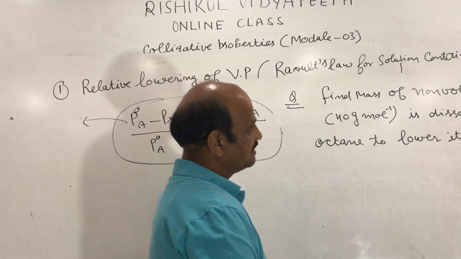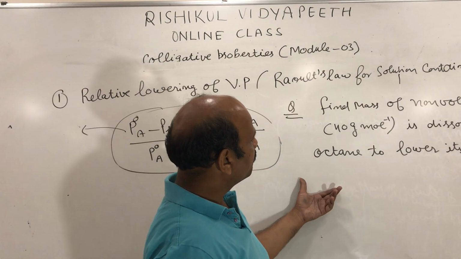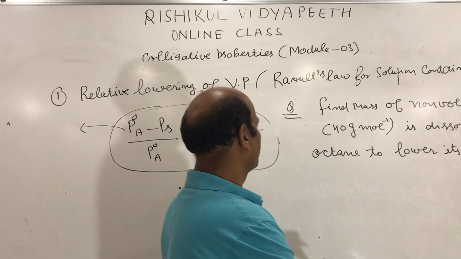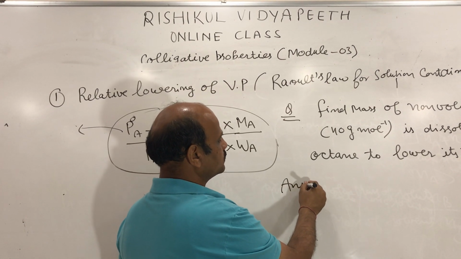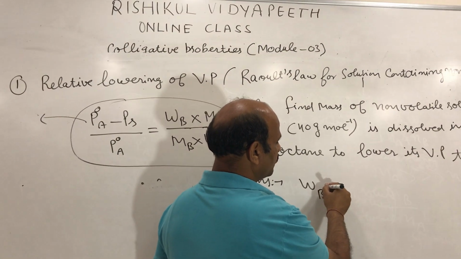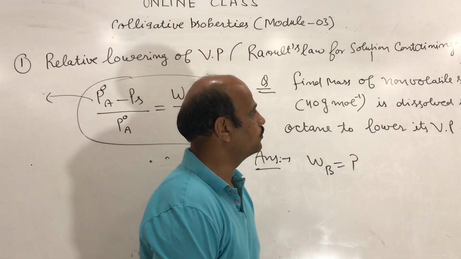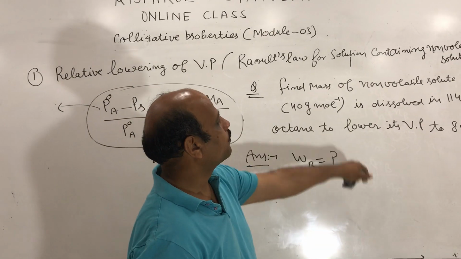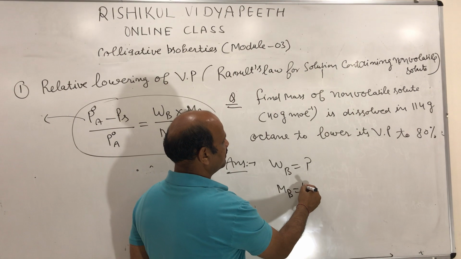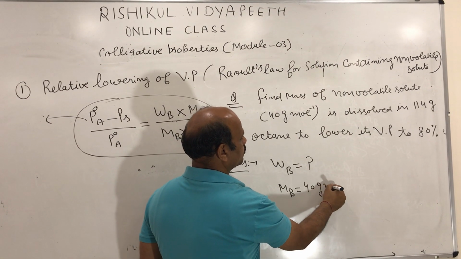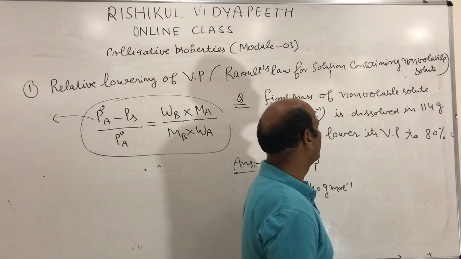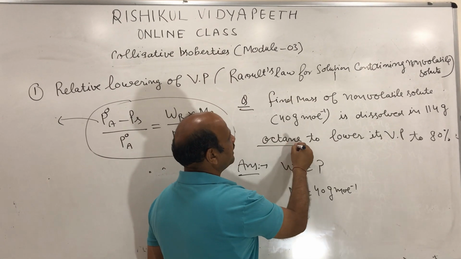First, you read this statement very carefully. You are to find the mass of non-volatile solute, or you can say you are to calculate WB. Molar mass, what is given? MB, that is given, 40 gram per mole. Dissolved in 114 gram of octane.